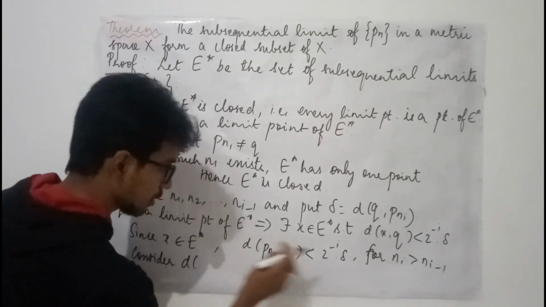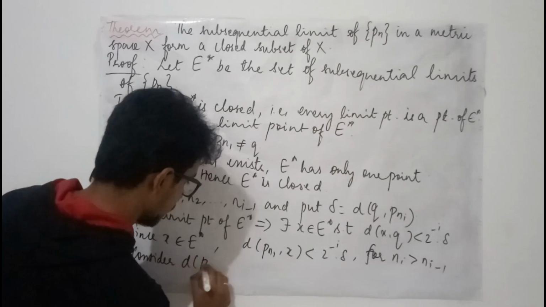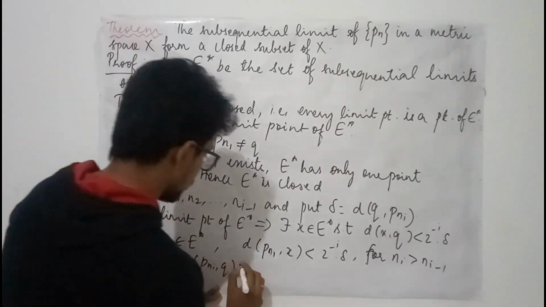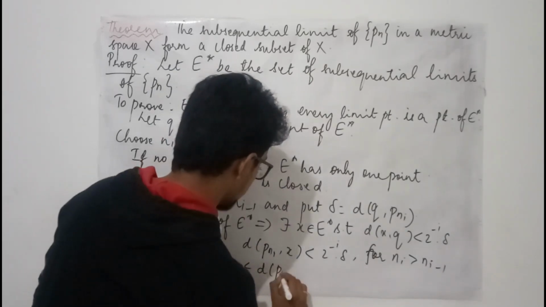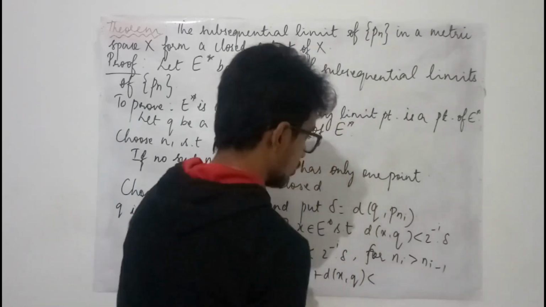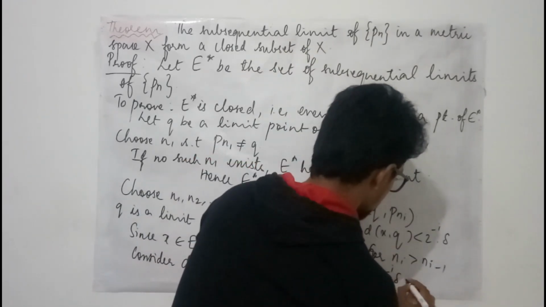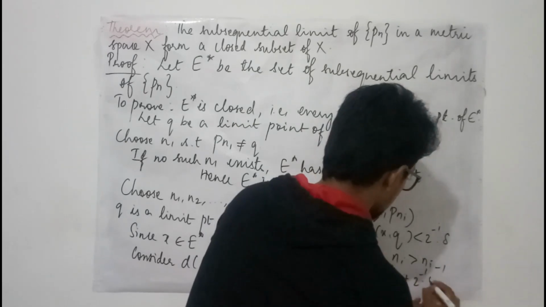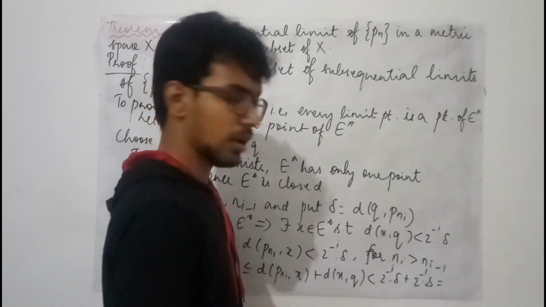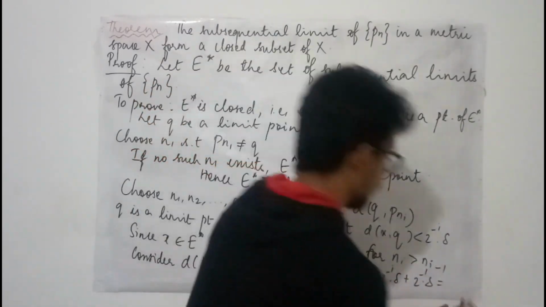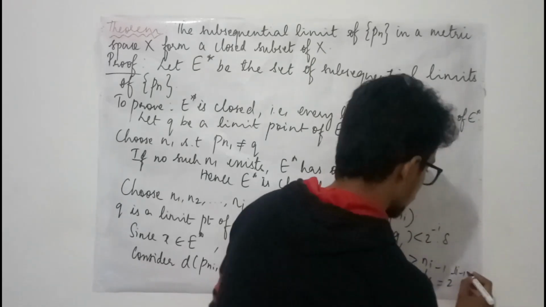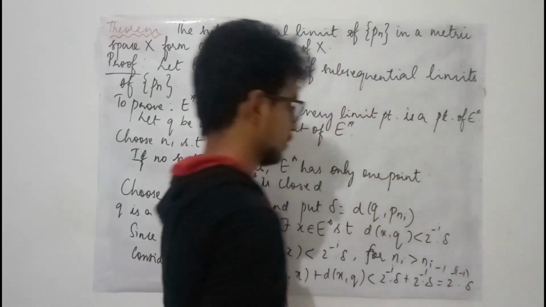Now consider d of Pni comma Q. Using the triangle inequality, this is at most d of Pni comma x plus d of x comma Q. When you add, you have the same quantity twice, so you multiply 2 with this, and it becomes 2 power minus (i minus 1) times delta.